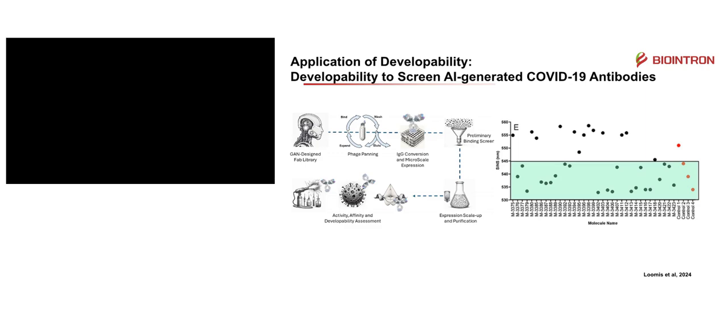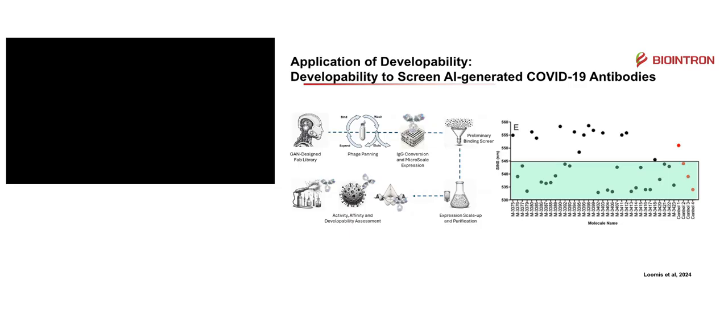I just showed one set of data, the AC-SINS data, and again, you see a green box. That means all the candidates here are safe, and all the candidates above the green box will give you a flag. That means it's not a very good candidate in terms of self-aggregation probability.